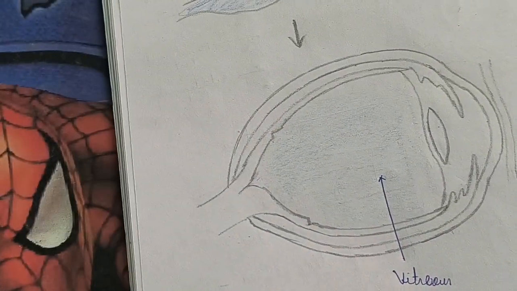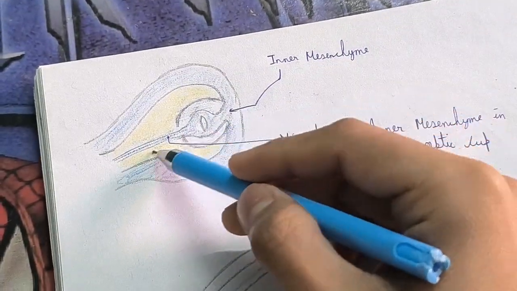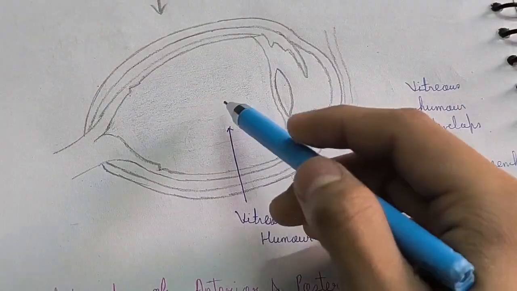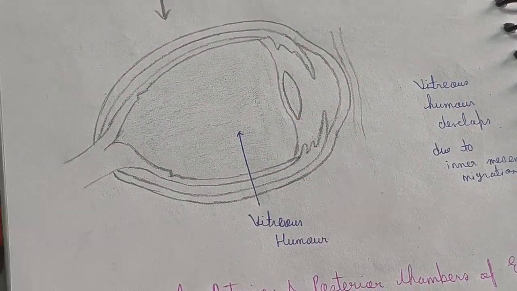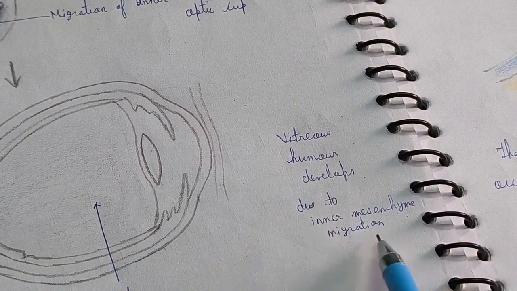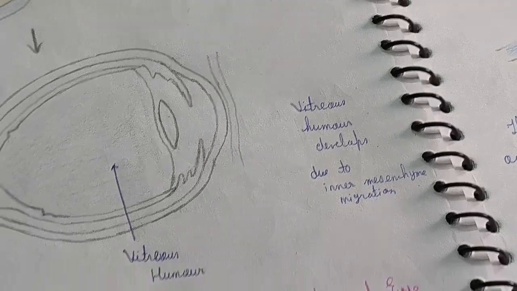You can see that the inner mesenchyme slowly migrates into the optic stalk through the choroidal fissure, and as a result the vitreous humor forms. Therefore, I have written that the vitreous humor develops due to inner mesoderm migration into the optic stalk.